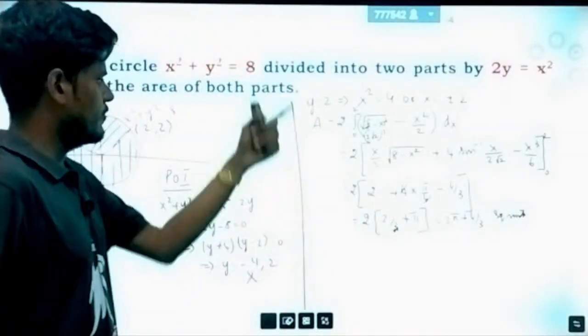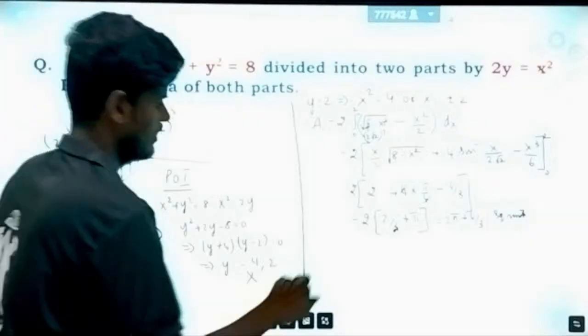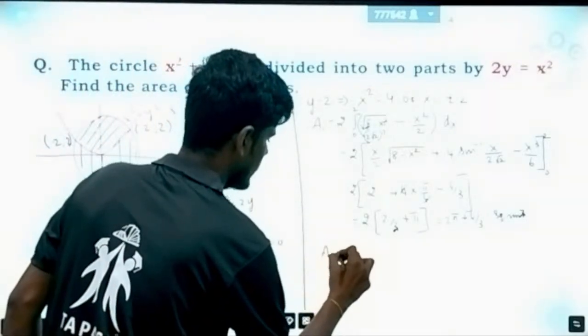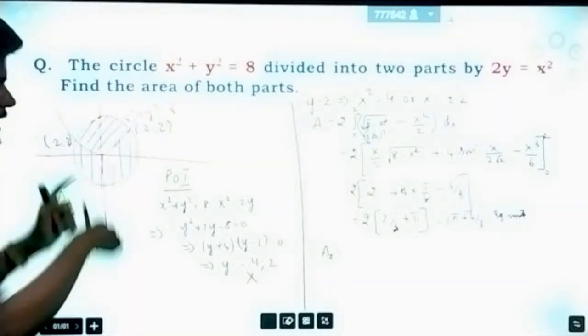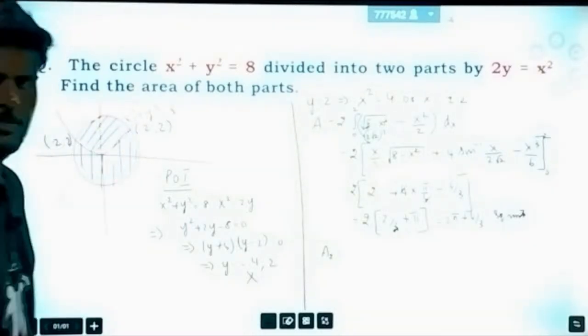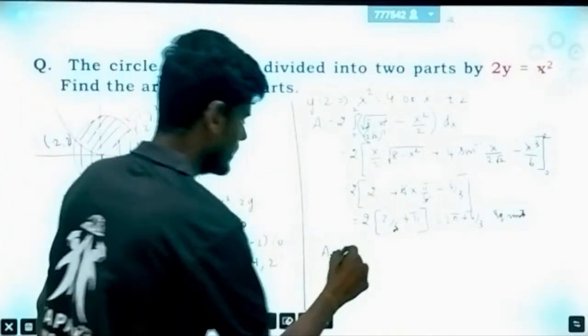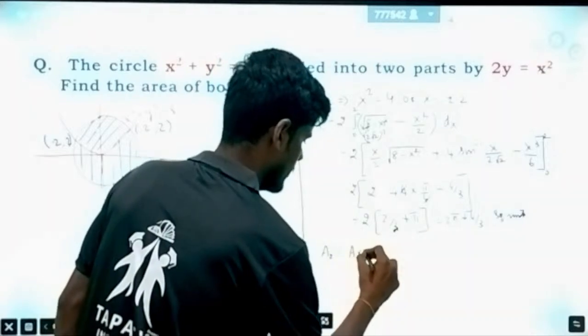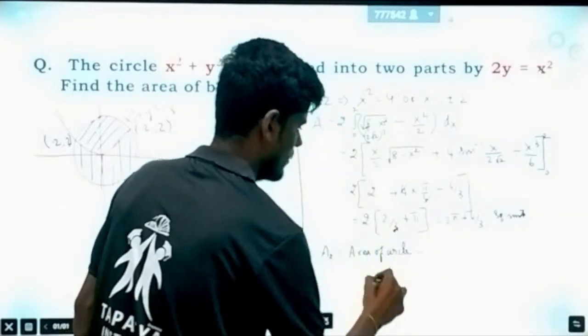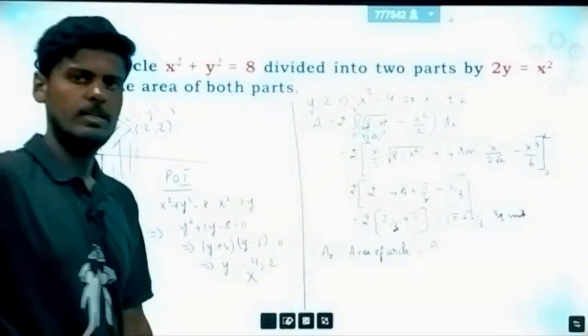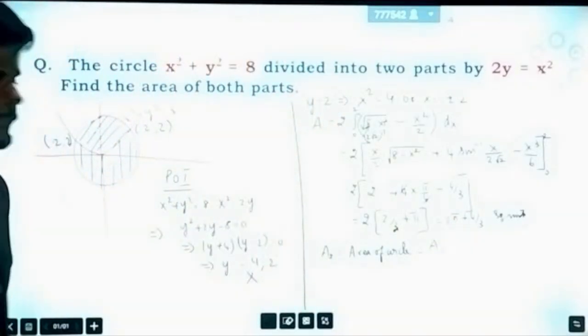Next what we need to do, find the area A2. For calculating area A2, this total area subtracted by area A1 will give the area A2. So that is the easiest way to calculate. This will be equal to area of circle minus area A1. That will give us area A2.